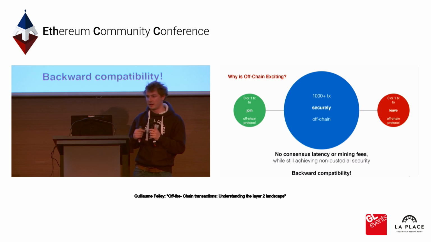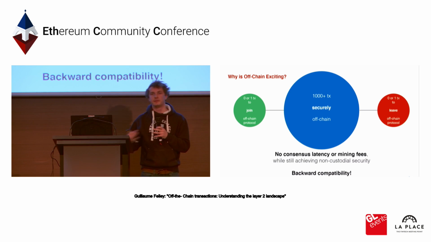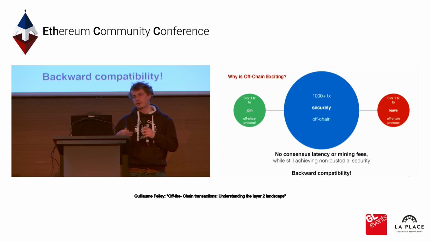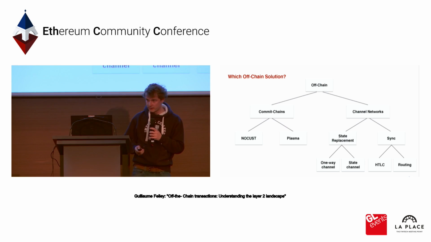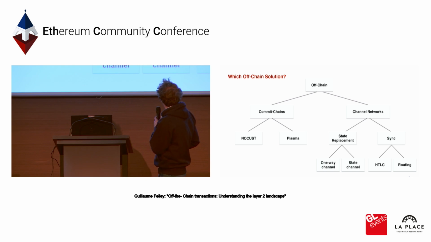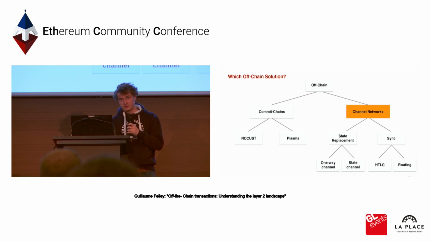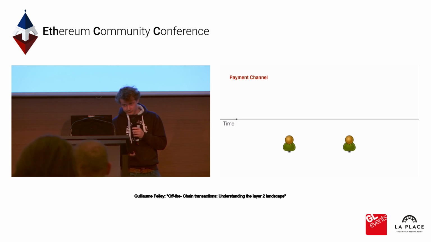And last but not least, you have backward compatibility, which means that you can implement this on blockchains like Ethereum. All right, so what off-chain solutions do we have? We have basically two families, commit chains and channel networks. So let's start by looking at channel networks.